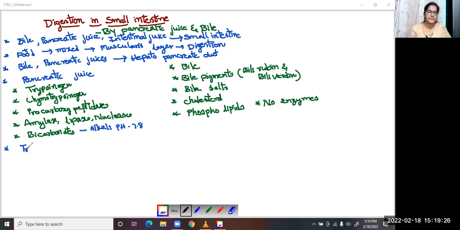Trypsinogen activates into trypsin in the presence of an enzyme that is enterokinase. So enterokinase enzyme was liberated by the intestinal mucosa.